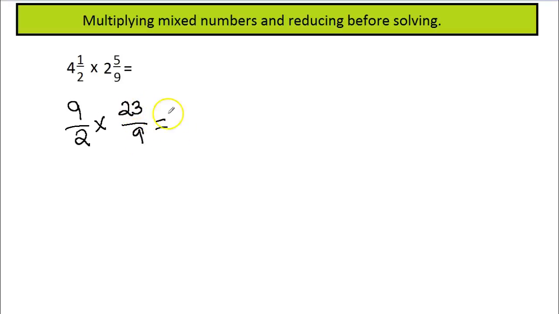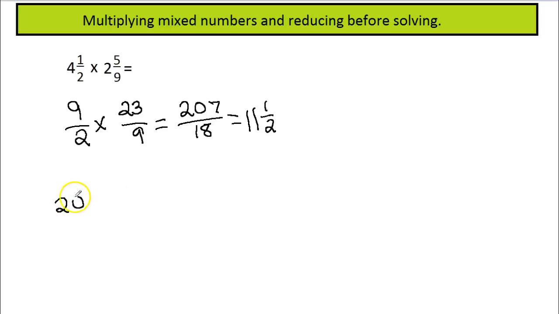Now again, if I was to just go ahead and multiply straightforward, I would get 207/18. Another improper fraction that can get kind of tricky if I'm not too good at division. But I do see if in the end I wind up doing that division, I'll get 11.5.